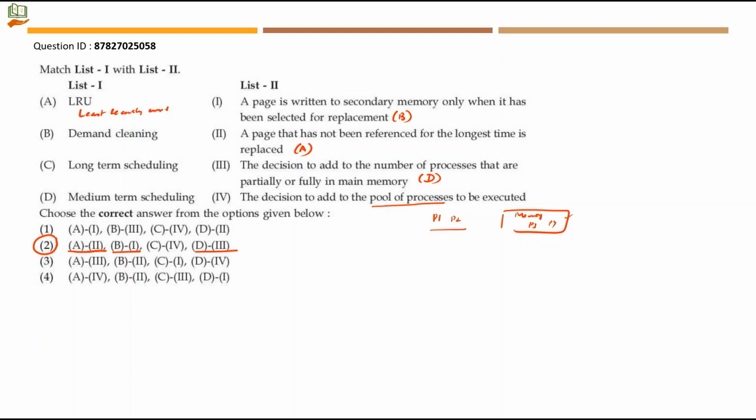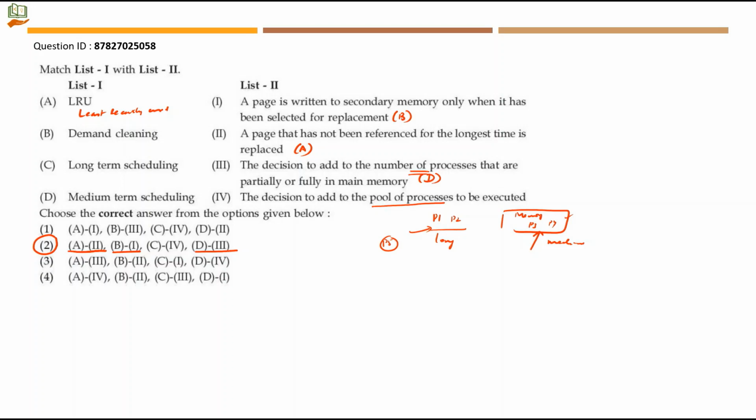So here adding to the pool of processes, if I have a process P5, adding here will be long term because I have to get the memory, then I have to go for execution. But adding to the number of processes in this part that are partially or fully in the main memory means it is executing. So adding to this should be medium term scheduling.